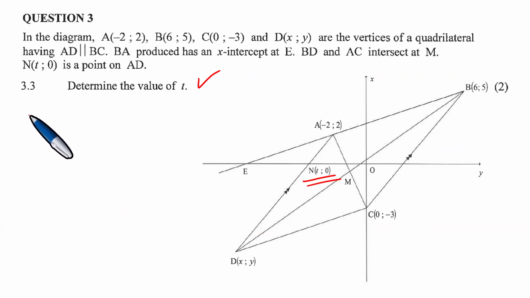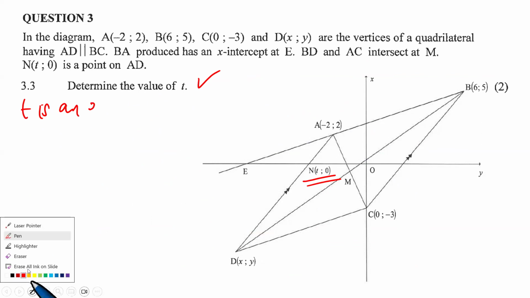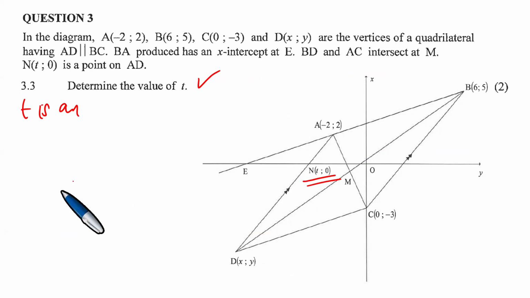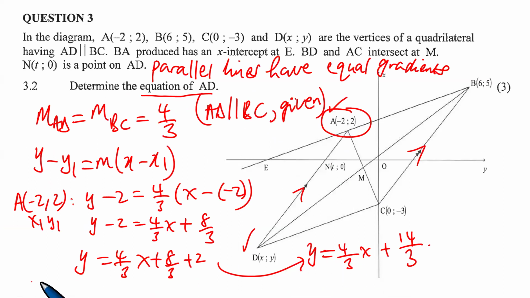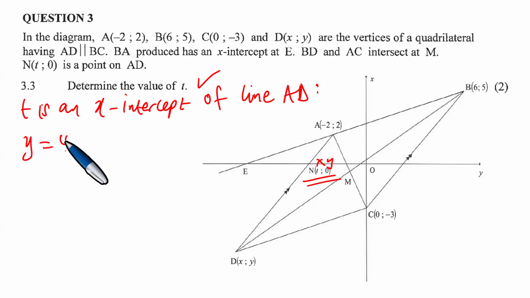First and foremost, we can see that t is an x-intercept, the x-intercept of line AD. The line is y equals 4/3x plus 14/3.